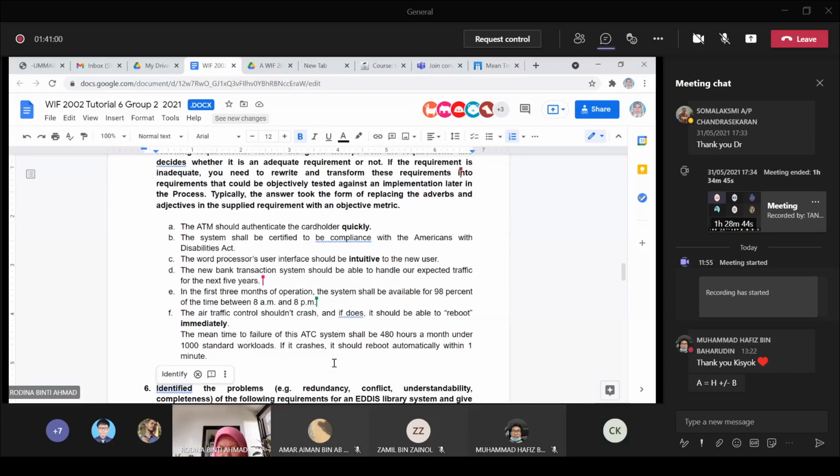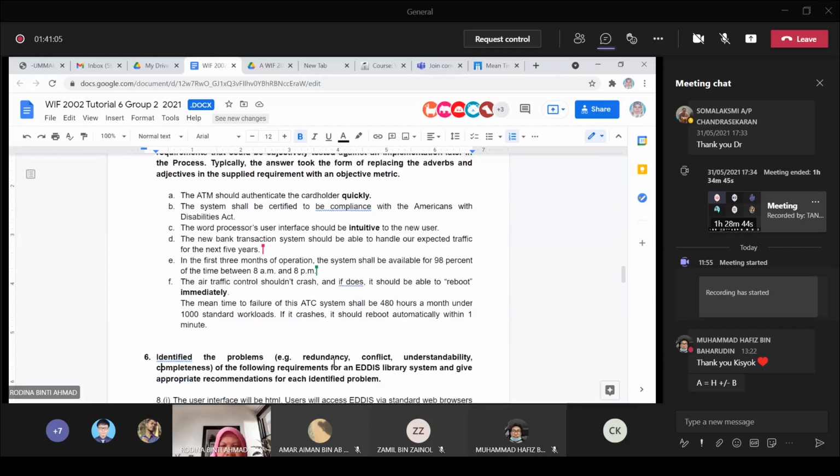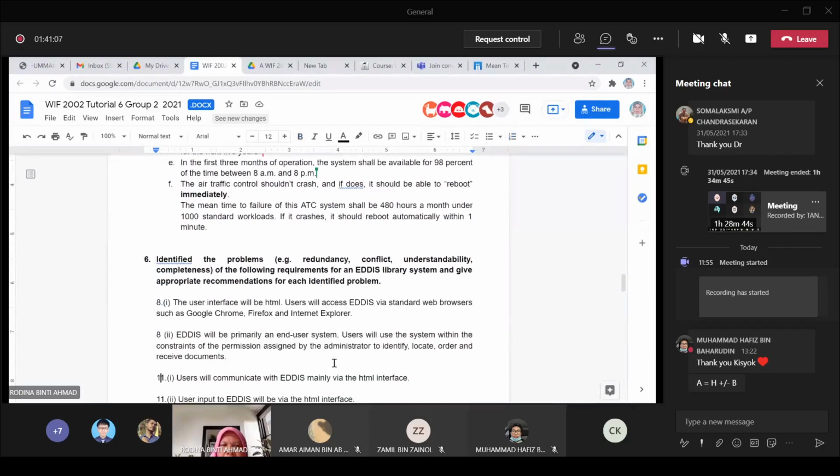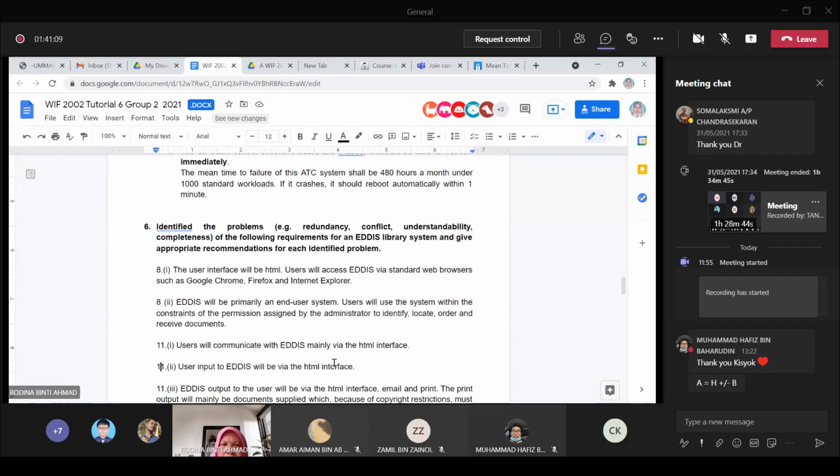Hisham, okay? Yes, doctor. Number 6, we try to identify problems of redundancy, conflict, understandability, or completeness from the following 5 requirements that we have mentioned here for the Addis library system, and give appropriate recommendation for each identified problem.